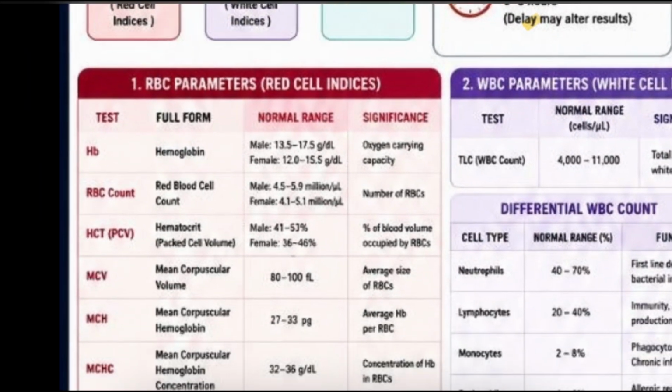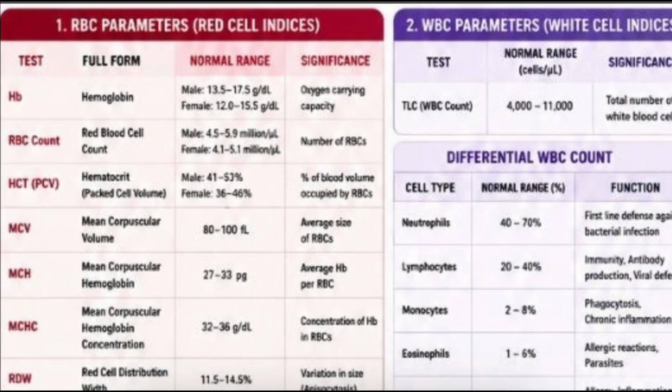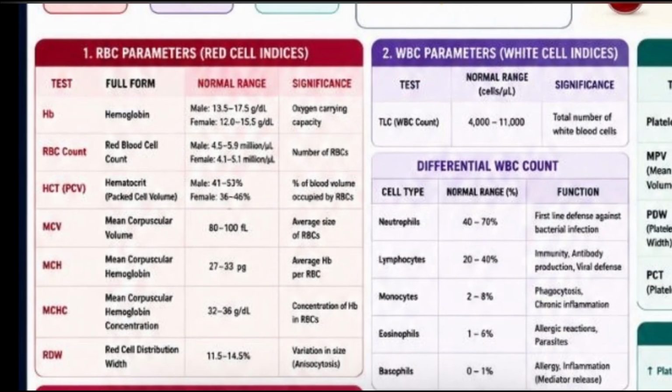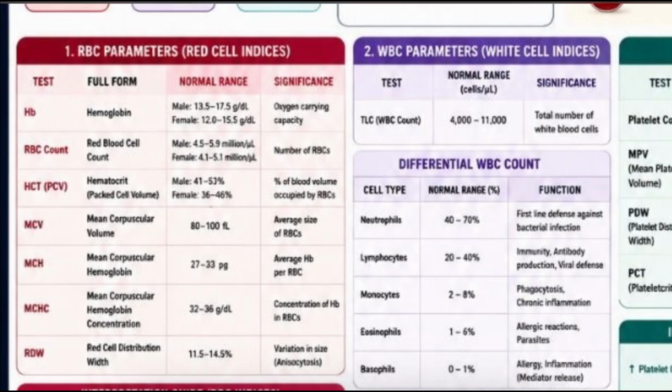Next, the RBC parameters. These help us to diagnose anemia. The first one is hemoglobin. Normal hemoglobin values: male 13.5 to 17.5 grams per deciliter, and female 12.0 to 15.5 grams per deciliter.